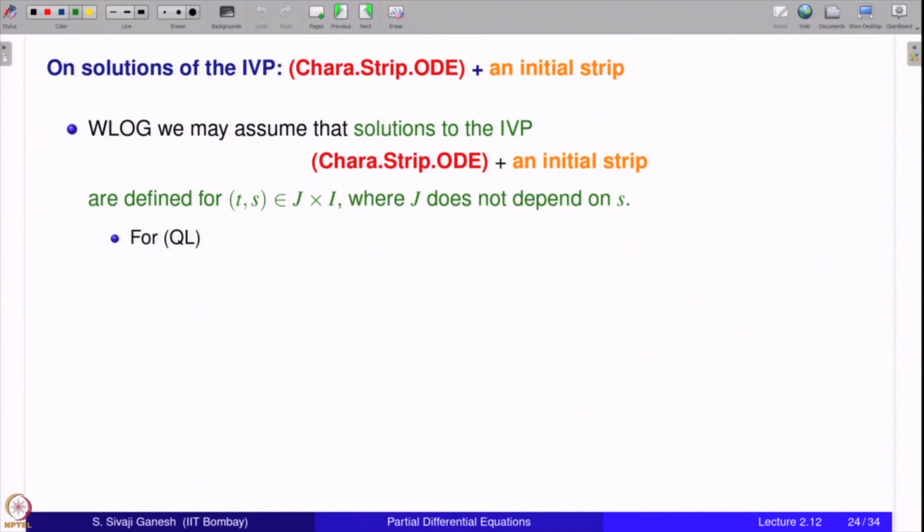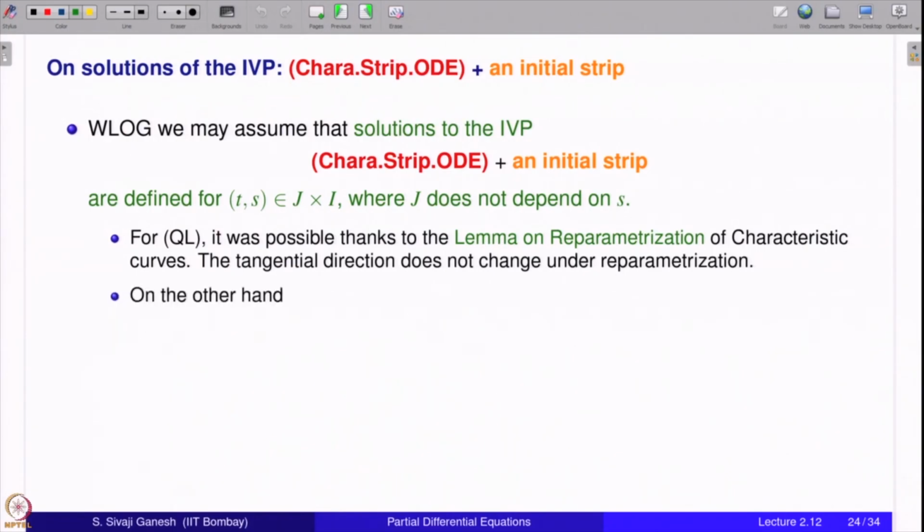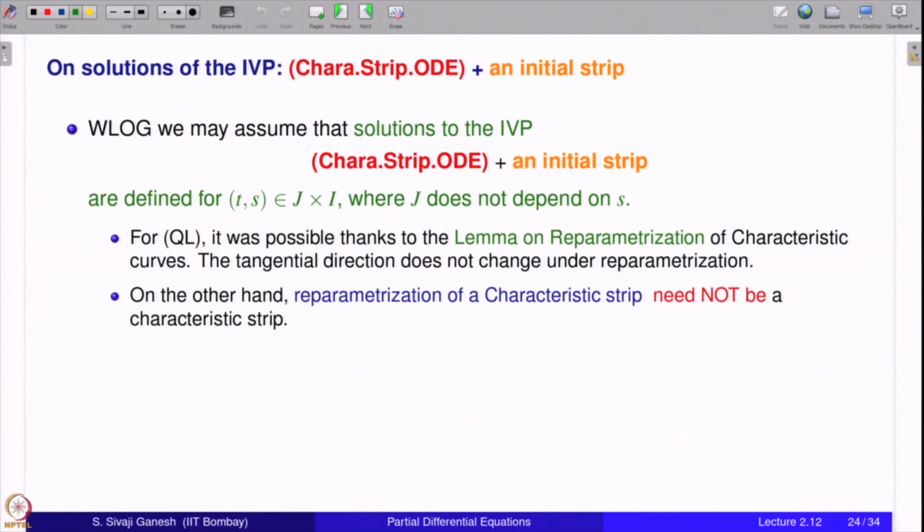For quasi-linear equations, it was possible thanks to the lemma on reparameterization of characteristic curves, because the tangential direction does not change under reparameterization. On the other hand, reparameterization of a characteristic strip need not be a characteristic strip. Therefore, this argument does not hold.